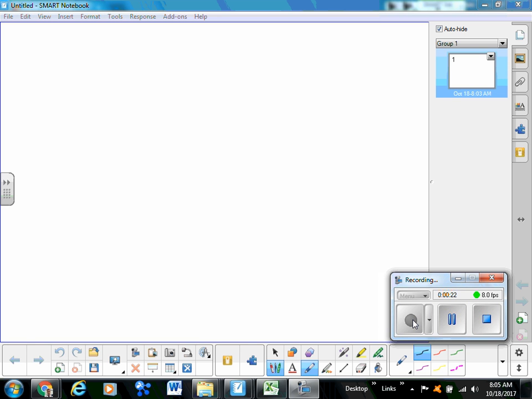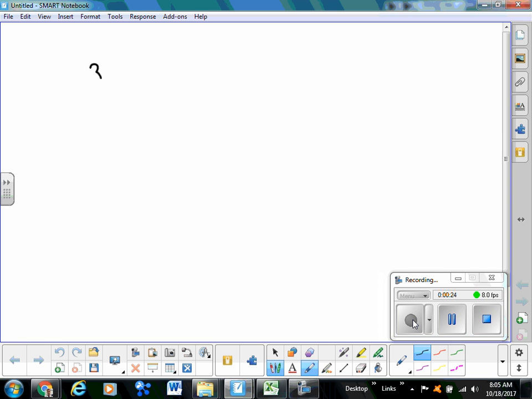Okay, first one we're going to do: 3 times the sum of 26 and 4. What we're going to try to do is write and interpret numerical expressions and compare expressions using visual models.